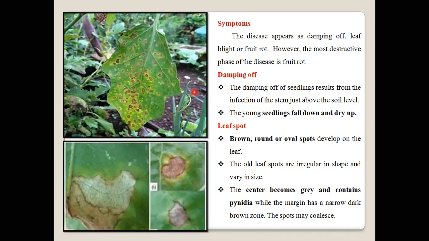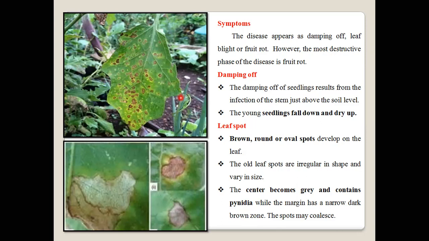This Phomopsis vexans develops sclerotia. After harvest, these sclerotial bodies may survive in the infected plant parts. Under favorable conditions, this sclerotia become active and directly infect the younger seedlings in the nursery beds. Initially, light brown to dark brown spots are seen on the cotyledons as well as the younger stem of these seedlings.